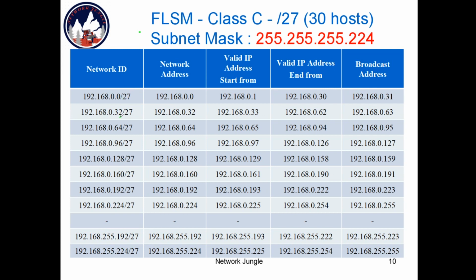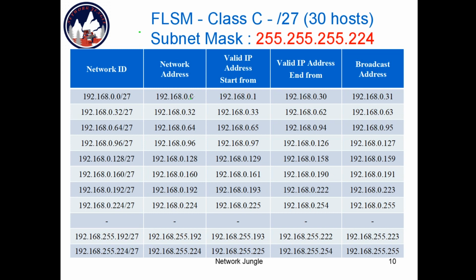So 0, 32, 64, 96, 128, 160, 192, 224 are the network addresses. Then the last address before 32 is 31, and 31, 63, 95, 127, 159, 191, 223, 255 are the broadcast addresses.